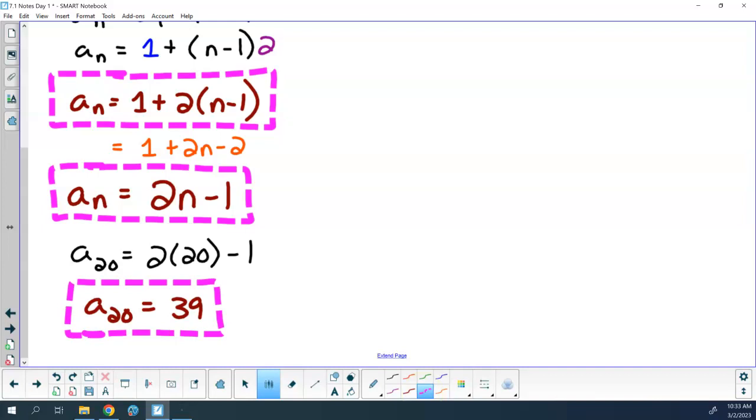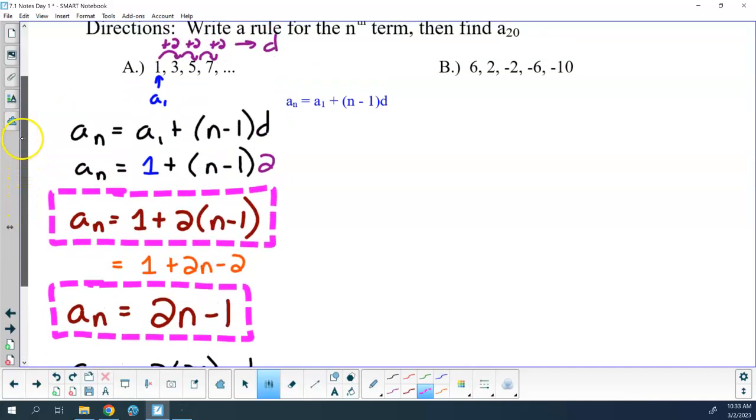Which is a lot easier than trying to write out and count out, okay, the next one's 9, that's my 5th term. Then 11, that's 6th term, and so on and so forth. Okay? Questions on that?